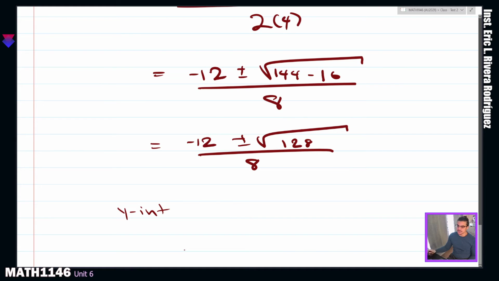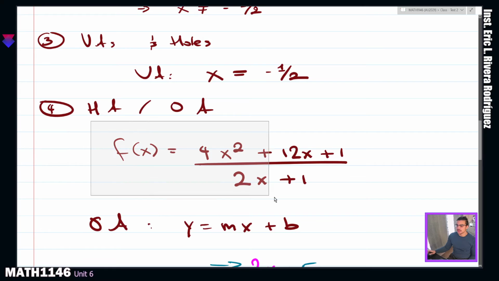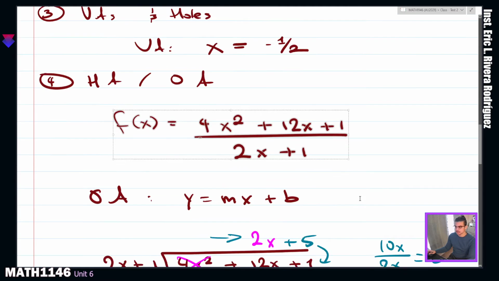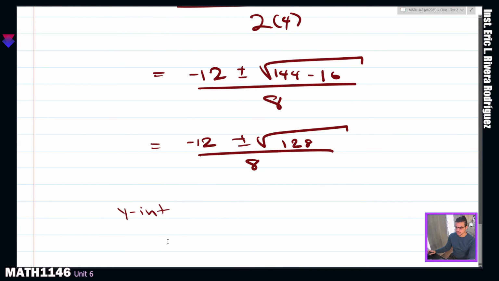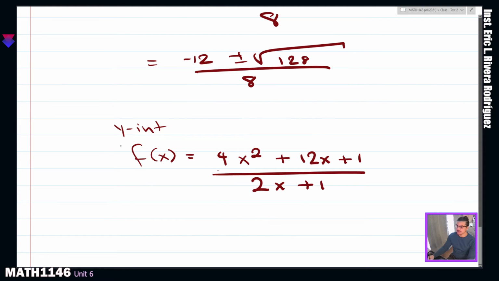Let's see what we got from the y-intercept. Let's see, we have more luck with the y-intercepts. So my equation is here. We know that whenever we are looking for the y-intercepts, the x value is equal to 0.